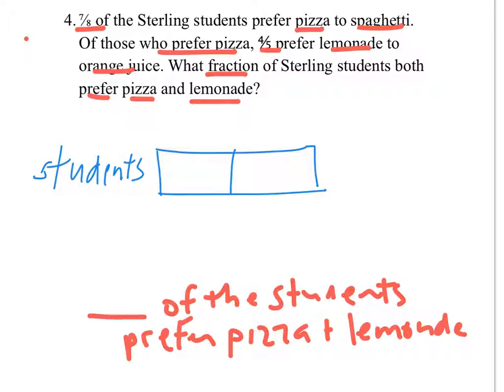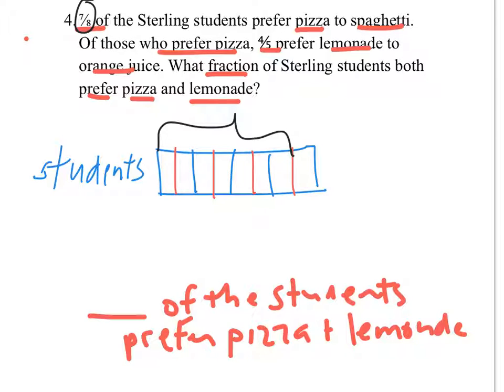So we divide in half, divide each half in half. So now we have fourths. Okay. Divide each fourth in half. So now there's our eighth. Okay. How many do we have? We have 7/8 like pizza. So there's our 7/8.